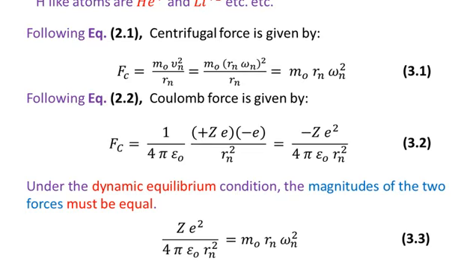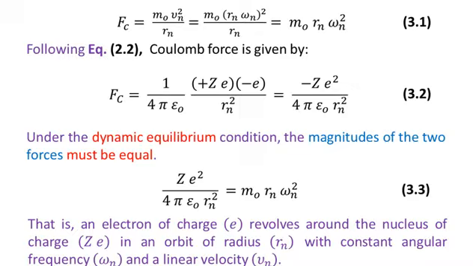As we used the concept of dynamic equilibrium in the previous slide, here we are also using the same concept: under dynamic equilibrium, the magnitudes of the two forces must be equal. So in equation number 3.3, we are equating the magnitude of the centrifugal force to the magnitude of the Coulomb force.